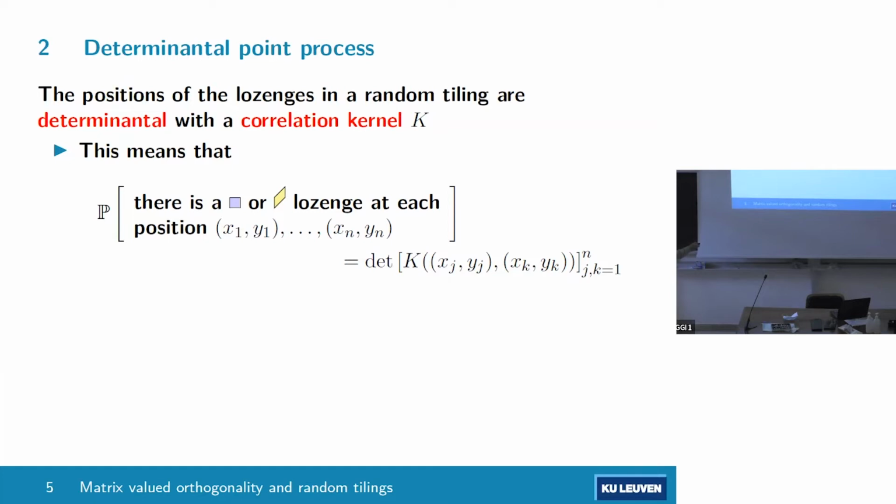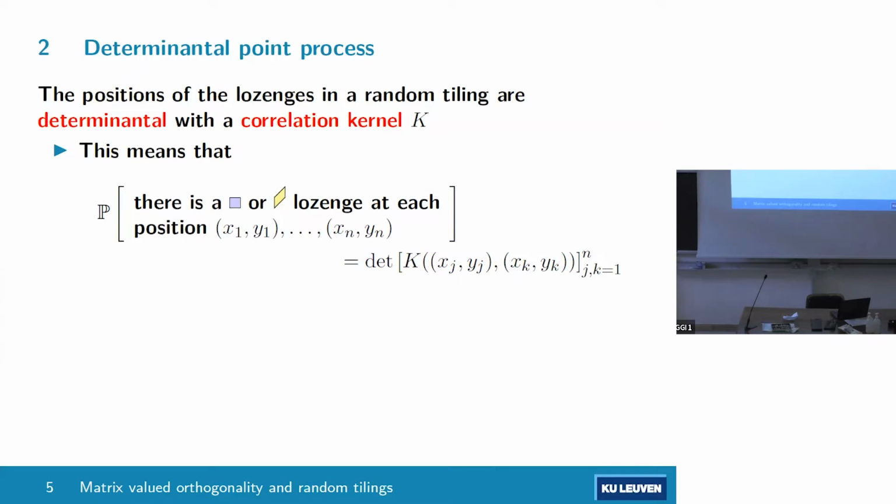You take all these positions in your hexagon, put them in an n by n matrix, evaluate the kernel at each pair of positions, and then the determinant of that matrix gives you this probability. That's quite remarkable, and it shows that there is a lot of structure in this model. That's the integrability, and that's why I'm allowed to talk about this in this workshop.